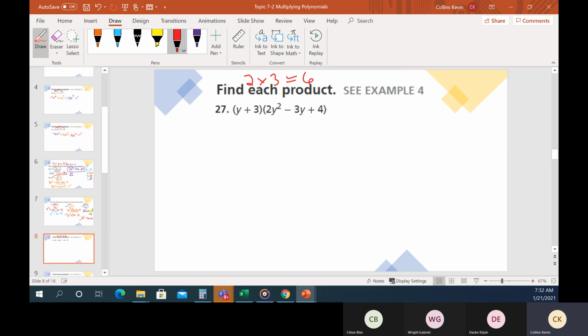Once that happens, there's probably going to be some terms in the middle that we could put together. So it'd probably be a set of 2 terms that we could put together, another set of 2 terms we could put together. So your final answer will typically have 4 terms. So after you combine like terms, you'll go from 6 terms to 4 terms.